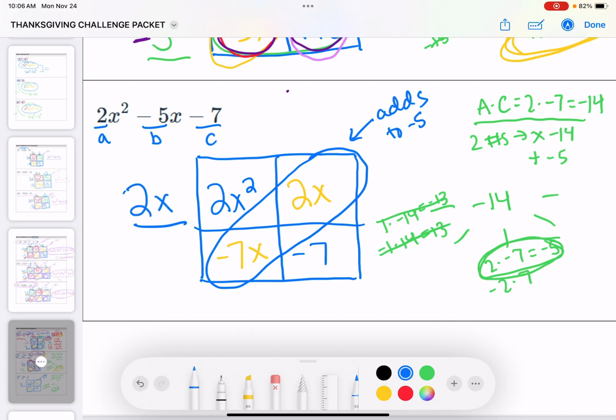And then they both have an X. Over here, these guys both have a -7, but no X in common. These guys, 2 and -7, only have a 1 in common and an X. And these guys only have a 1 in common and no X.